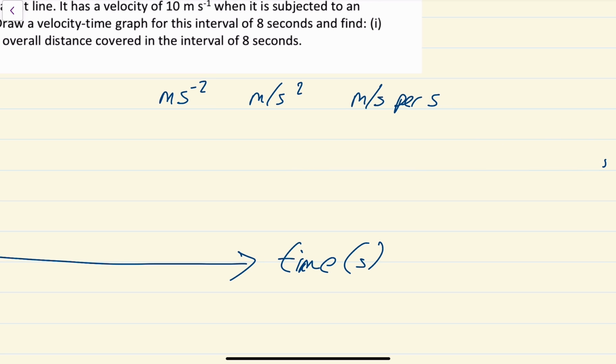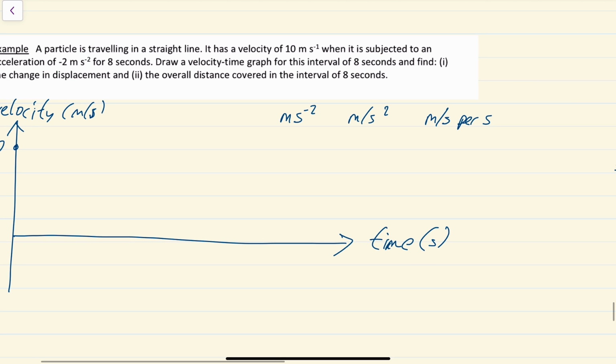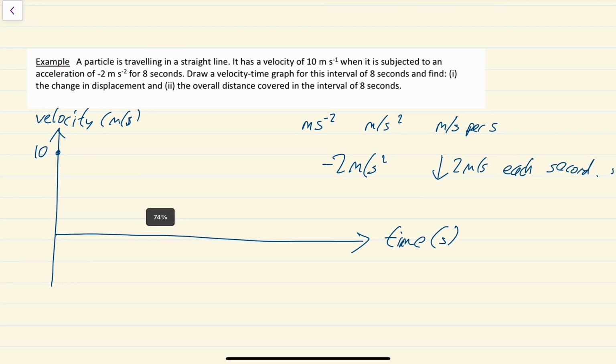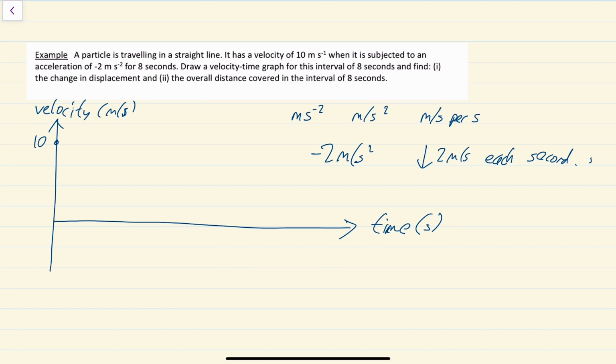So if you are decelerating, so your acceleration is minus 2 meters per second squared, that means your speed is going down by 2 meters per second each second. Okay, so if you were going at a speed of 10 meters per second, and then for 8 seconds you're decreasing your speed at 2 meters per second each second, that means your speed has gone down by 16 meters per second in those 8 seconds.